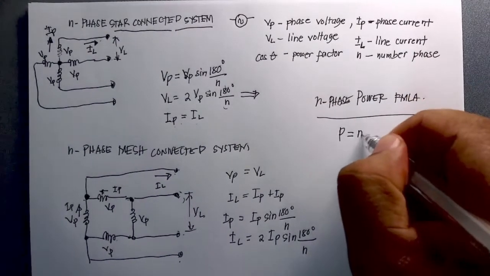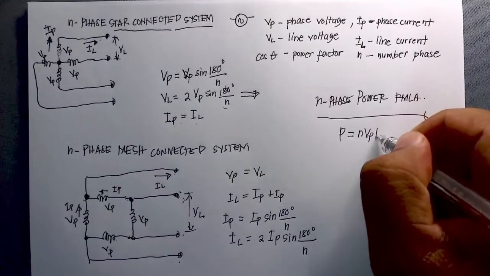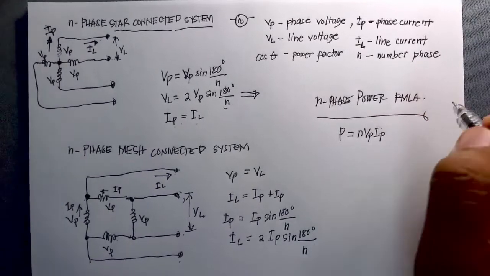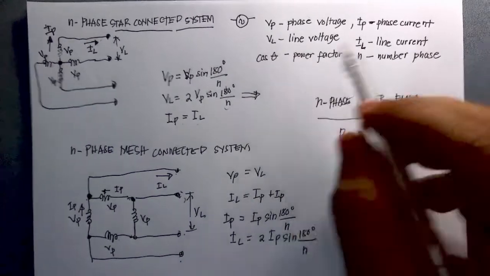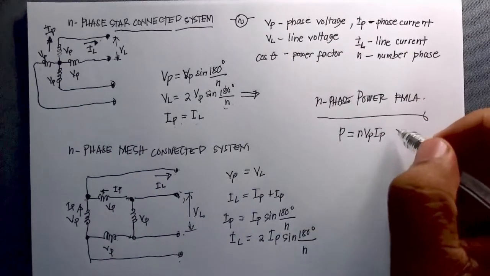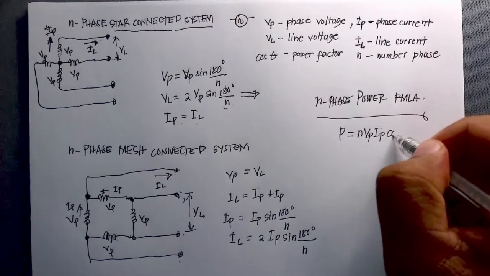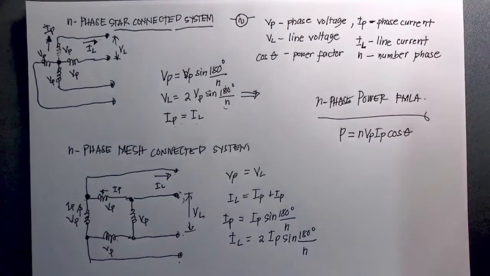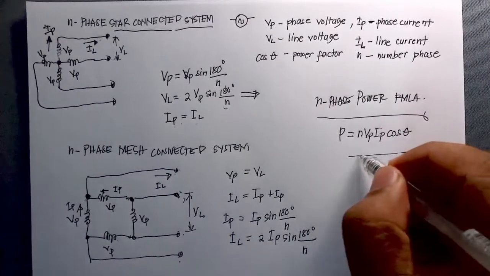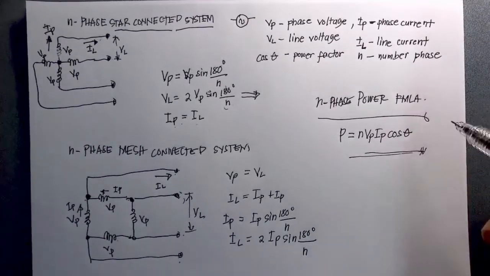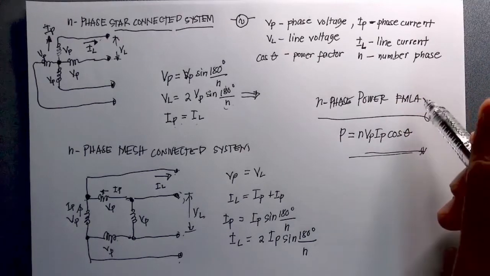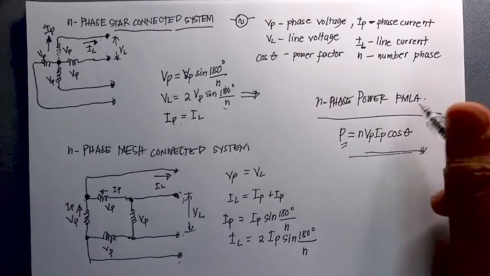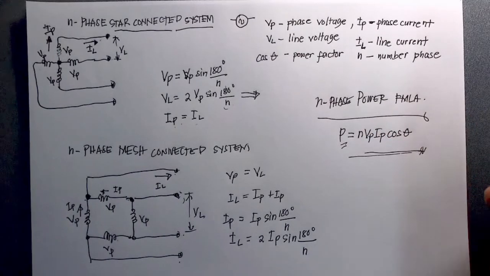So that is N V sub P I sub P. And since we have here a power factor, we multiplied it by the power factor cosine theta. Okay, so this will be the formula that we are using in solving for the N-phase or the polyphase power P. Okay, this is the power formula.